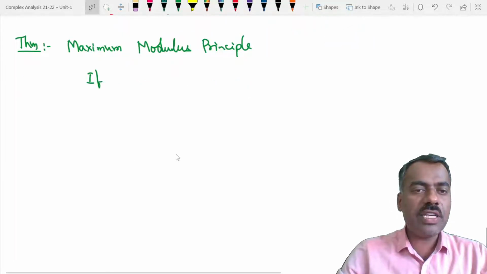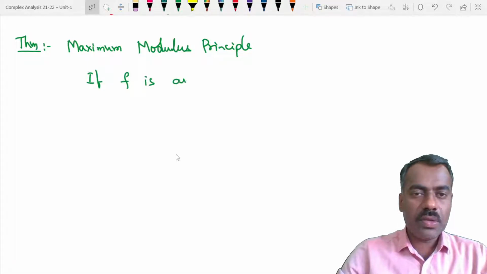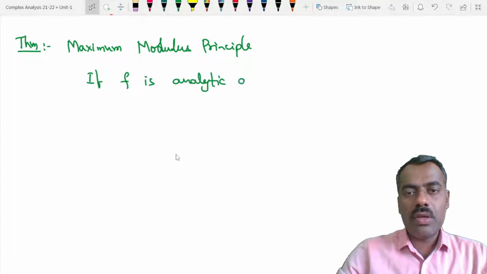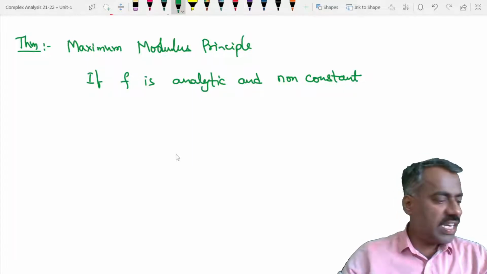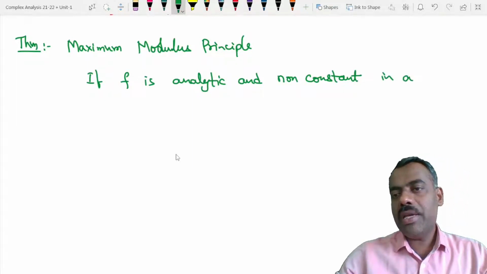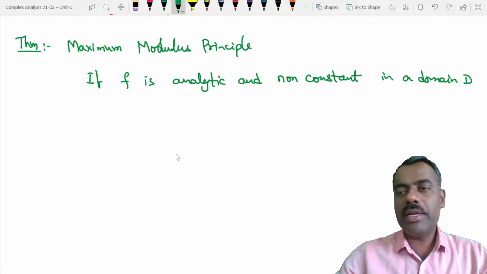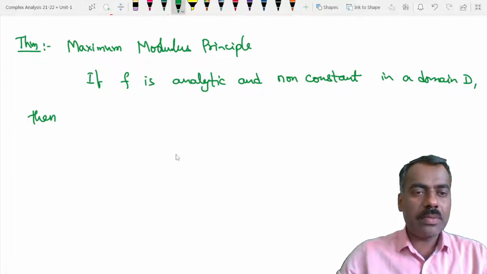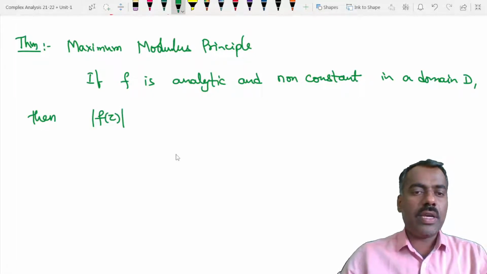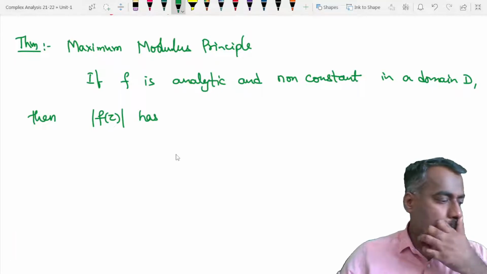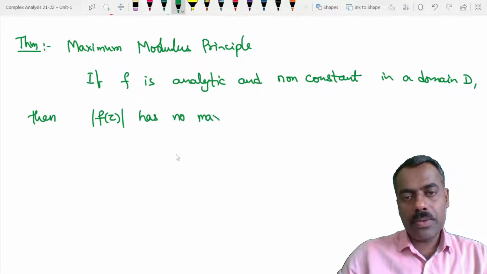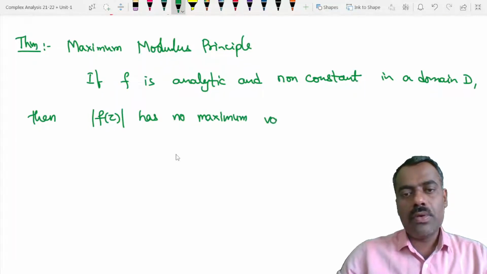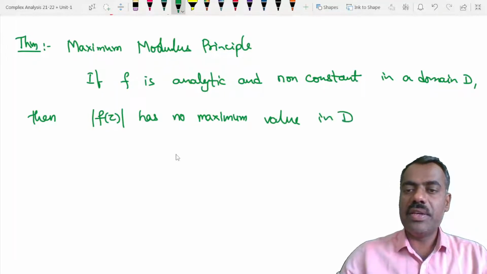So the statement is, if f is analytic and non-constant in a domain D, then mod f of z has no maximum value in this D. D is a domain.